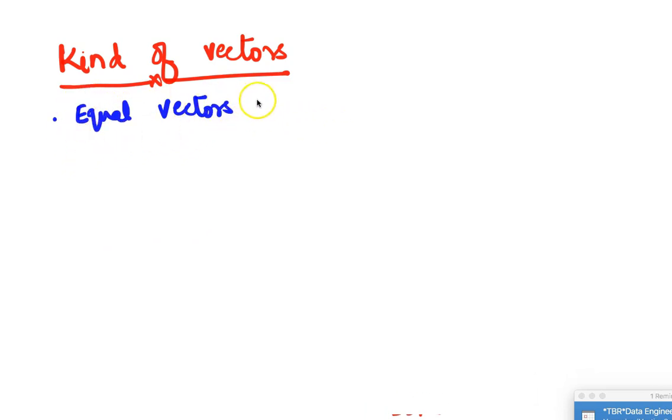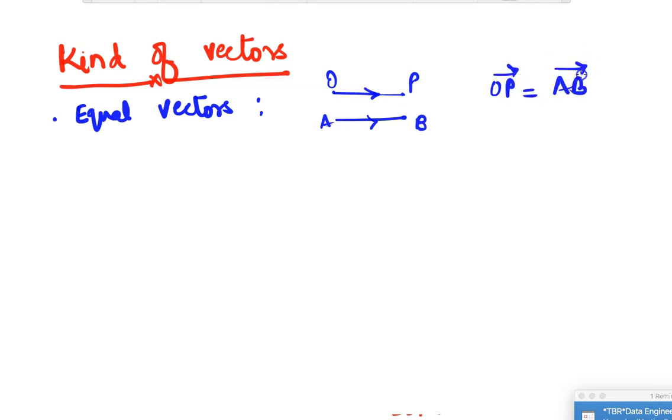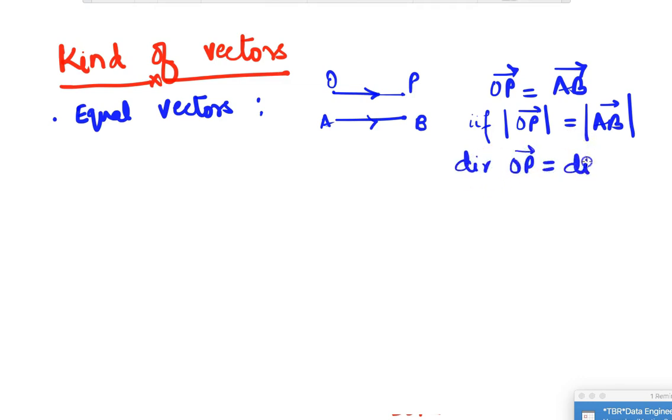Equal vectors are vectors with the same length and same direction. So OP vector is equal to AB vector only if the magnitude of OP vector is equal to the magnitude of AB vector, and the direction of OP vector is the same as the direction of AB vector.